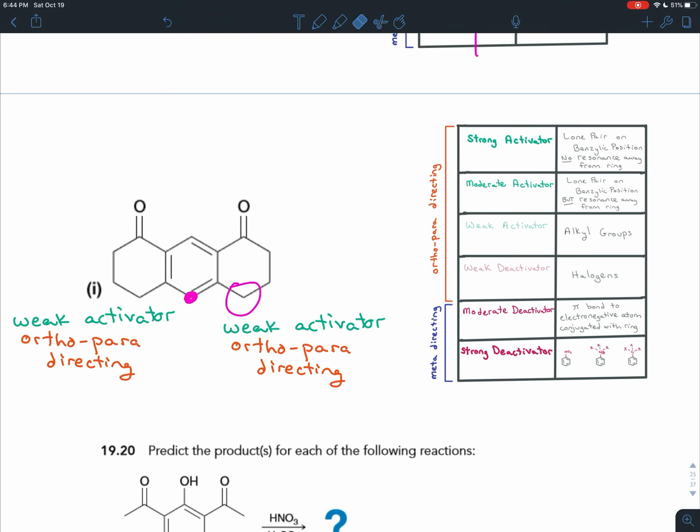You can't add a branch where there's already a branch, and so there's only one position that's available. Whatever addition reaction you try to do, bromination, nitration, sulfonation, Friedel-Crafts alkylation, the new branch will only add on that bottom carbon.